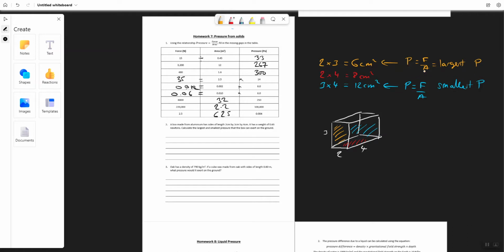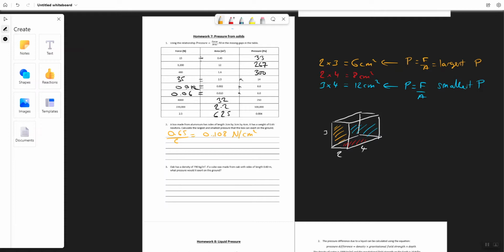Because if you've got the same weight over a small area, that's a larger pressure than if you've got it over a big area. So let's go back to this. Our largest pressure is going to be 0.65 over 6, which is 0.108, in newtons per centimeter squared.